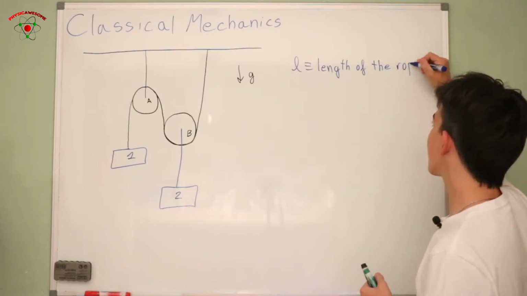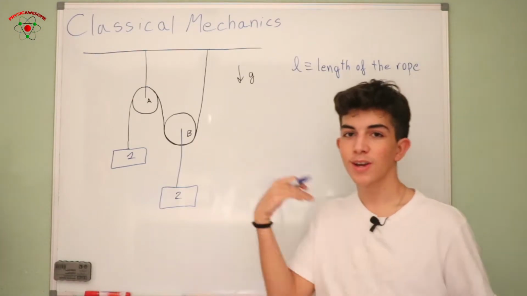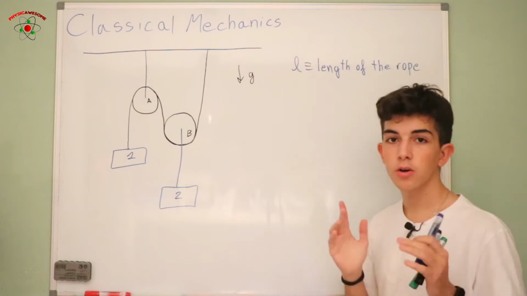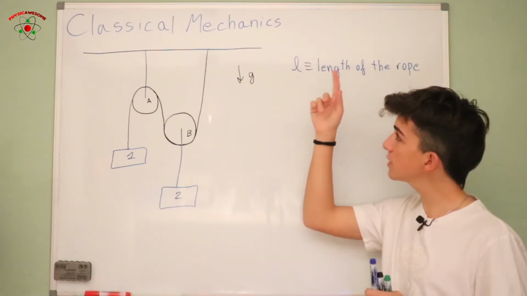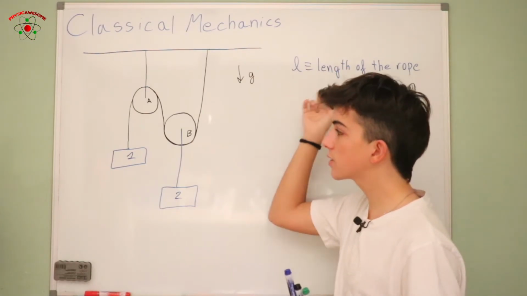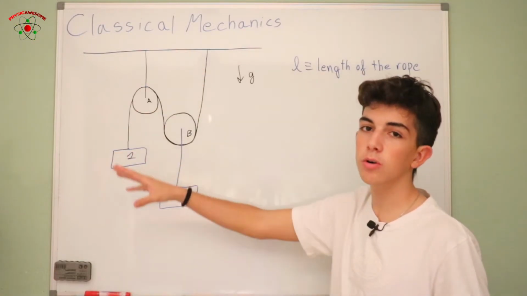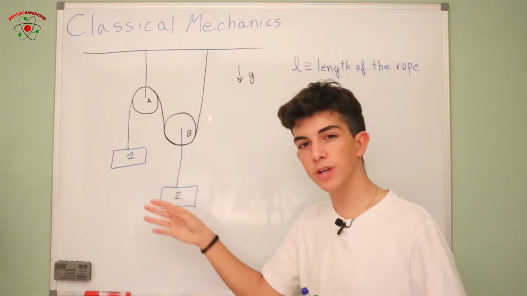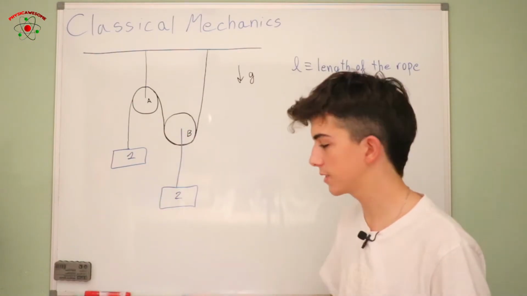Sorry for calling it string over and over again. Alright, to find the length of the rope in terms of the positions of our objects, we need to be quite more rigorous about this system.